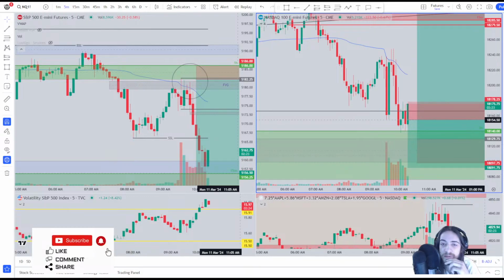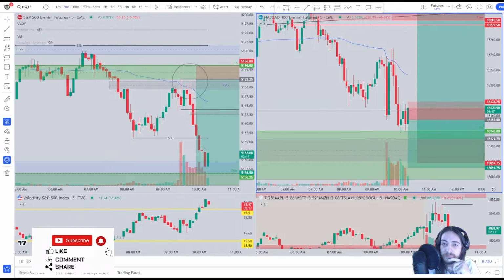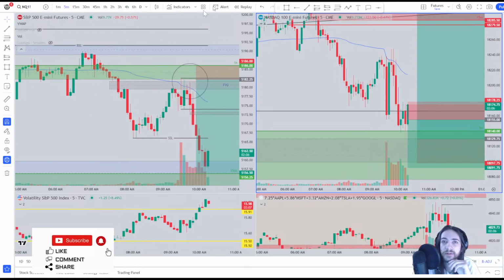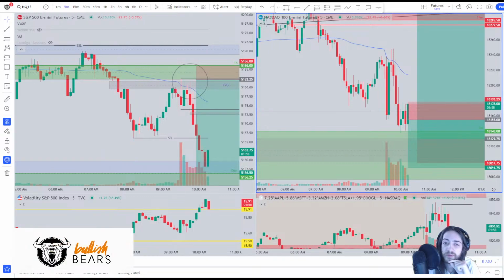Aw, really? That's how it is, market? Because Nvidia is trying to fly. If Nvidia gets hit with sellers, I'll add to this short before stopping out. Nope.